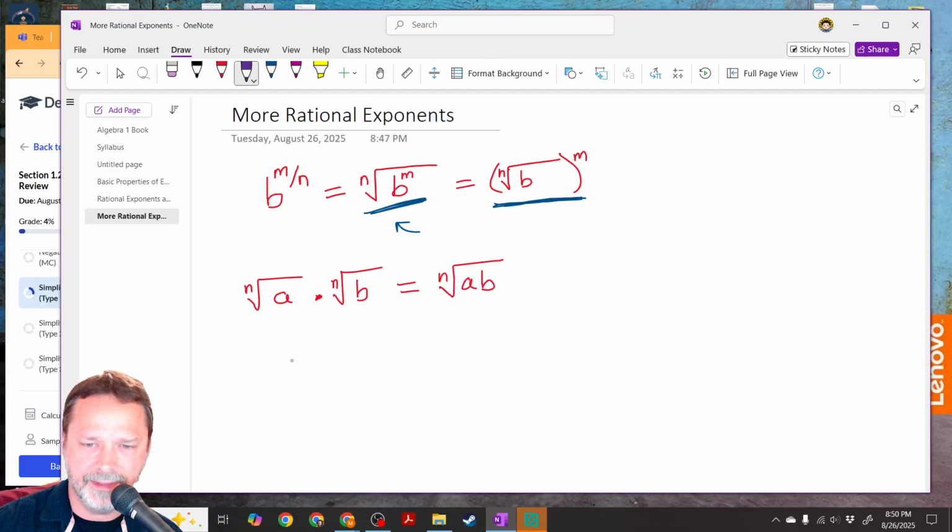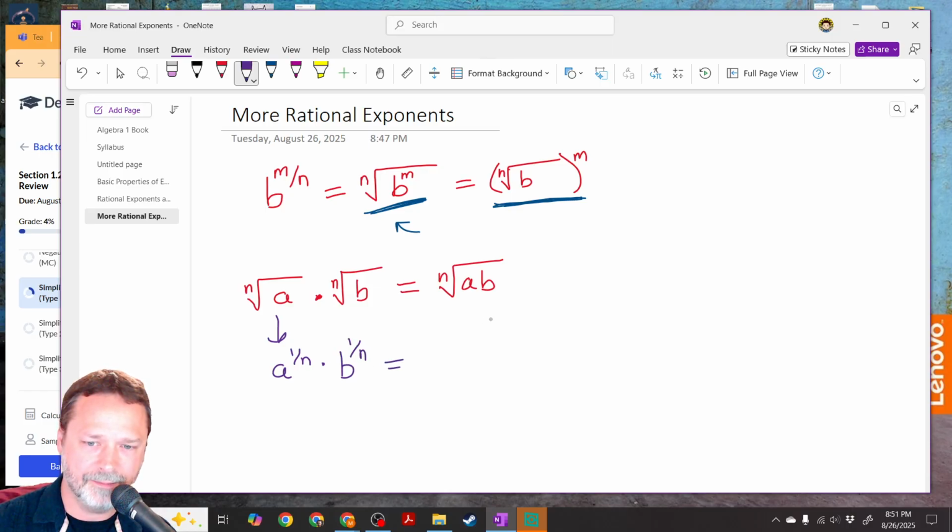Now, what do we got? So we have this. This is a property we have. I'm going to explain this property, and then I'm not going to explain the rest. Why is this true? All the properties we have with roots really come from the fact that a root is an exponent. Remember that this is just a to the 1 over n, and this is b to the 1 over n.